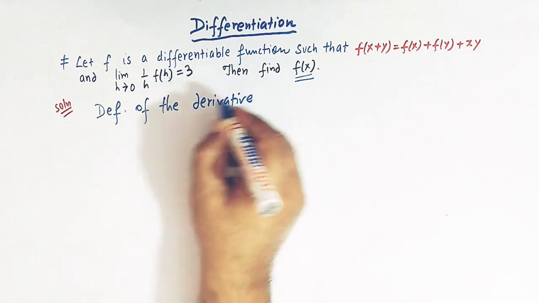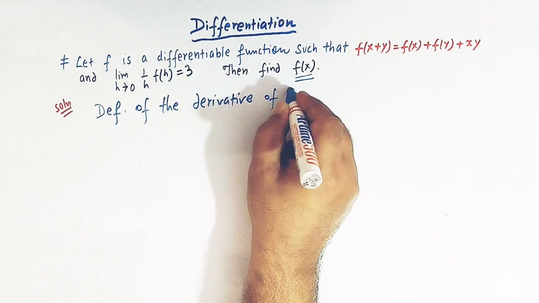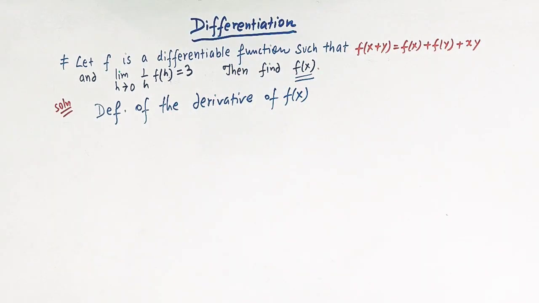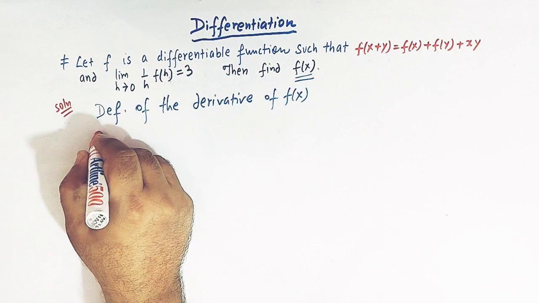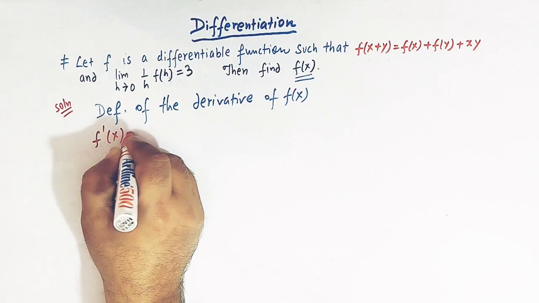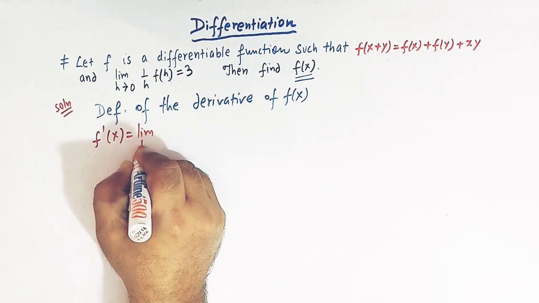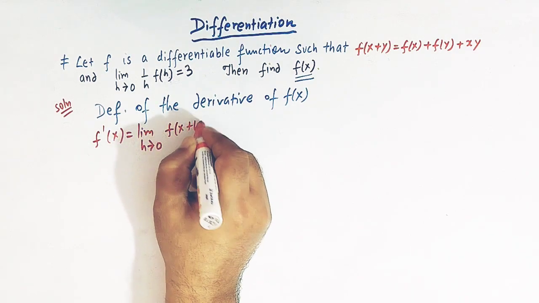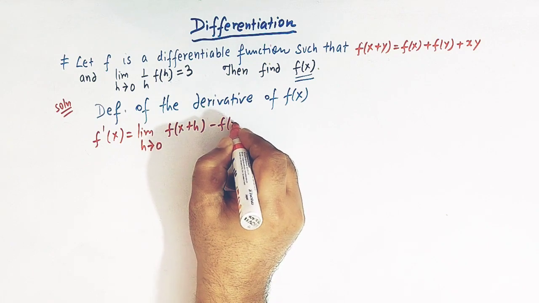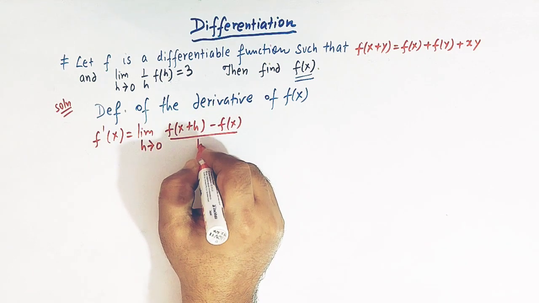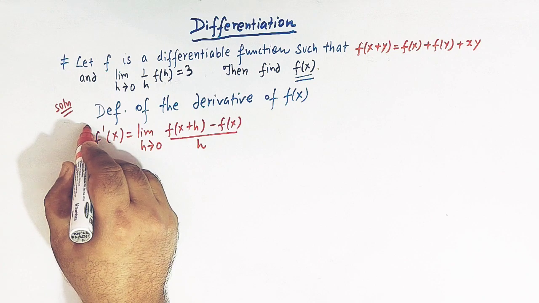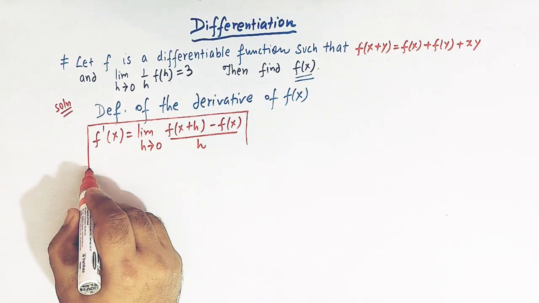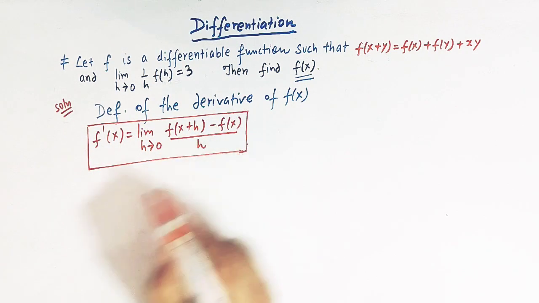We know that the derivative of a function f of x is defined by this limit: the limit as h tends to 0 of f of x plus h minus f of x divided by h, where h is an infinitesimally small quantity.